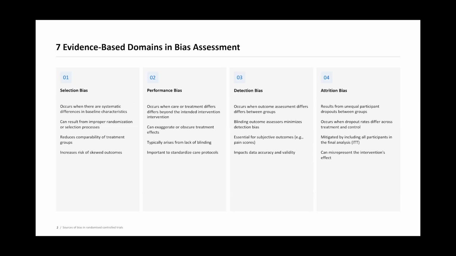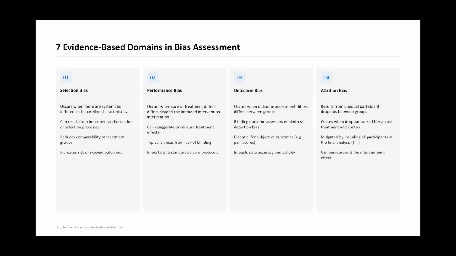To define what we mean by bias in the context of a clinical trial: bias is a systematic error that can distort the true effects of the intervention, and that can lead to incorrect conclusions. Unlike random error, which can cancel out over time, bias skews results in a particular direction.